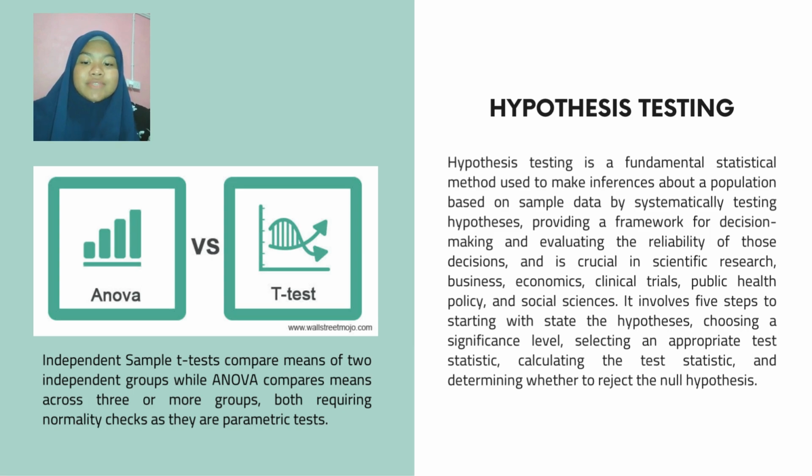And last, I will explain about the analysis of variance, ANOVA. ANOVA is a statistical method used to compare the means of a dependent variable that is measured in numerical type between three or more groups to determine whether significant differences exist among them.